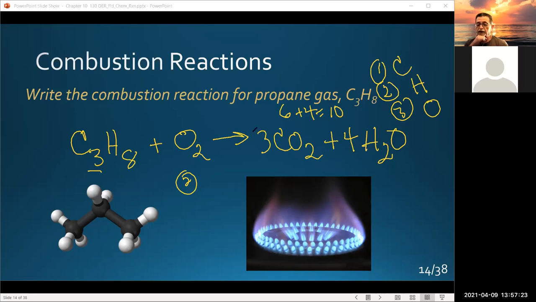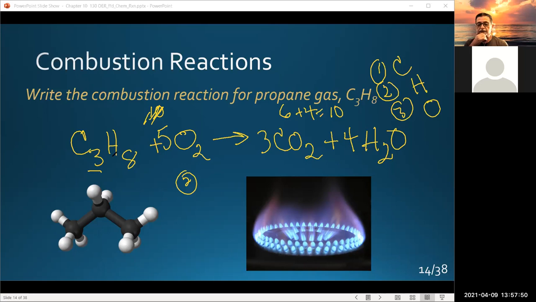To balance the oxygens on the reactant side, very simple: we put a 5 in front of O2. Why a 5? Because oxygen, remember, is diatomic. You might be tempted to put a 10, but then you'd have 20, so that would not work. You just take half of what you need to balance the oxygens.